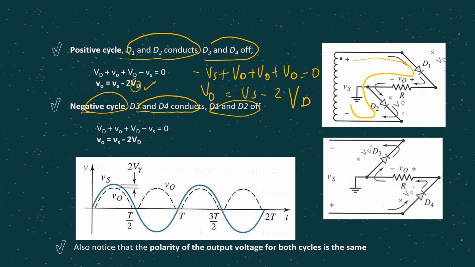So we get about the same equation, where V0 equals Vs minus 2Vd. This is how we sketch the output waveform. For the positive half cycle, we get the output waveform, and even for the negative half cycle, we also get the output waveform. So this is called the bridge rectifier.